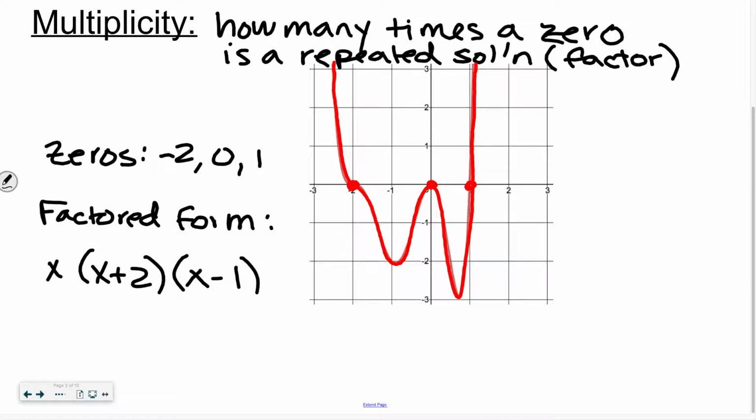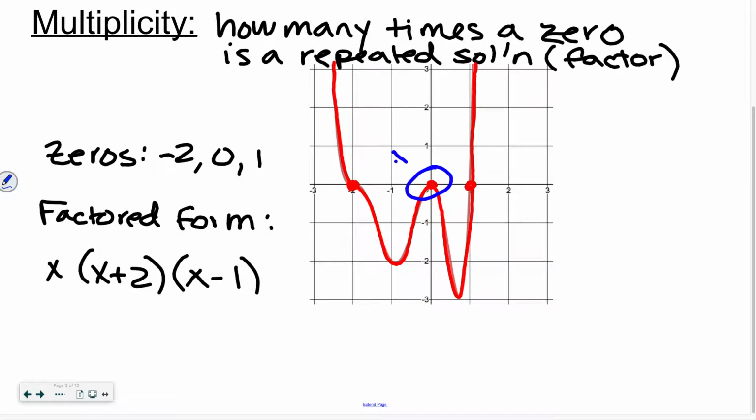Okay. Now, I would agree with you, Logan. I think something strange is happening at -2, and I'm glad that you saw that. I think there are repeated solutions there, but it's different than what I'm going to talk about for multiplicity, so I'm going to get there. But I would guess most people eyeballed this and thought, that's strange at 0 because the graph touches the axis, but really we could say it turns around.